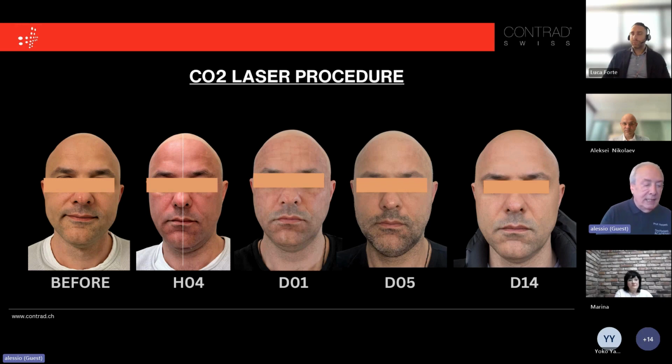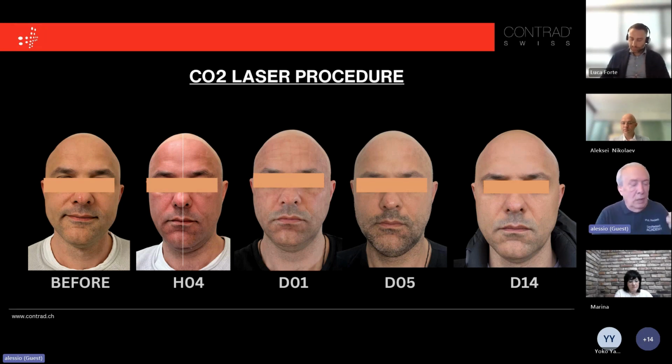And here you can see the results and the downtime of this after CO2 fractional. Now, we divided the phase in the first hours, and we used two different products.